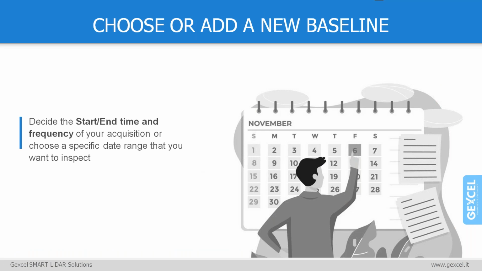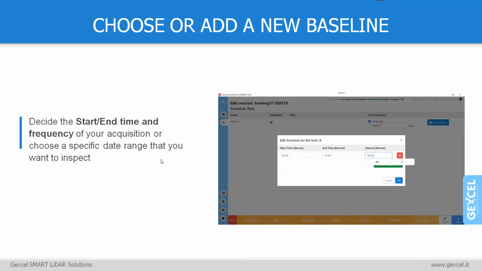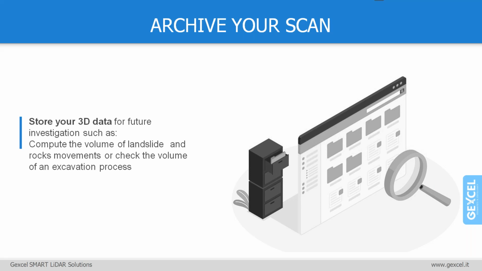But what happens if the user wants to change the reference scan during the monitoring activity? Well, don't worry. Previous data can be used to create new monitoring timelines. The user can add an intermediate reference scan, and then switch the output page between the very first reference scan or the others added during the monitoring.